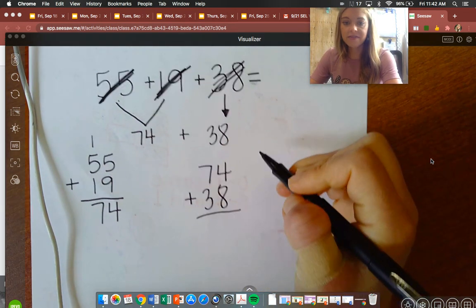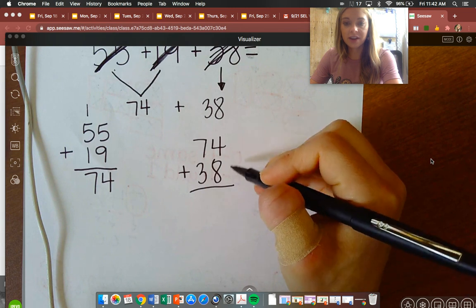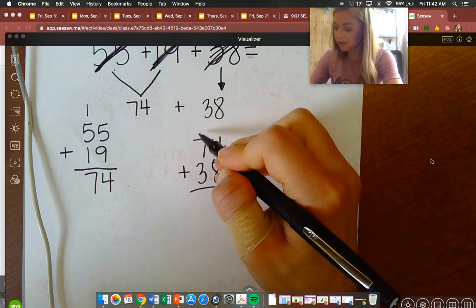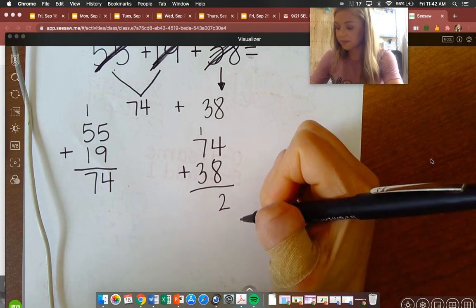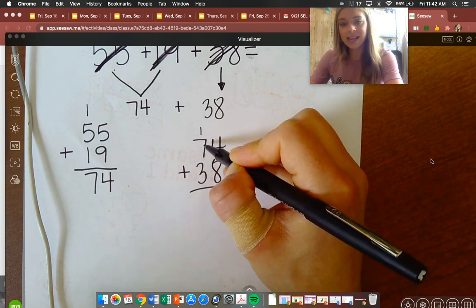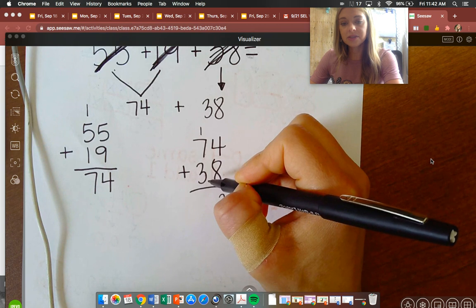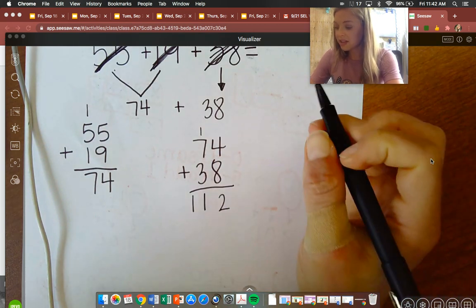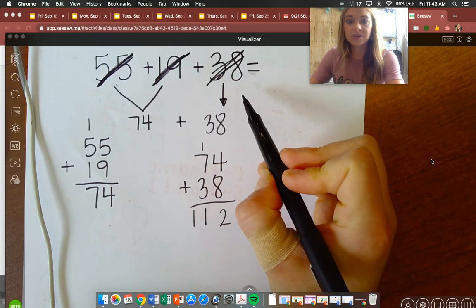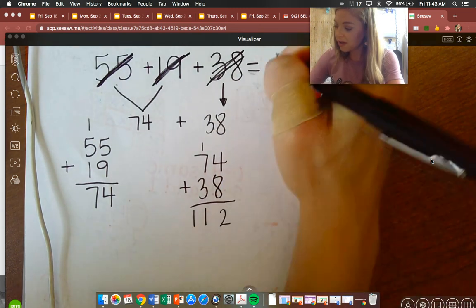So now I have 74 plus 38 vertically here. 4 plus 8 is 12. 1 plus 7 plus 3. Well, 1 plus 7 is 8. And 8 plus 3 is 11. So that means that 55 plus 19 plus 38 is 112.